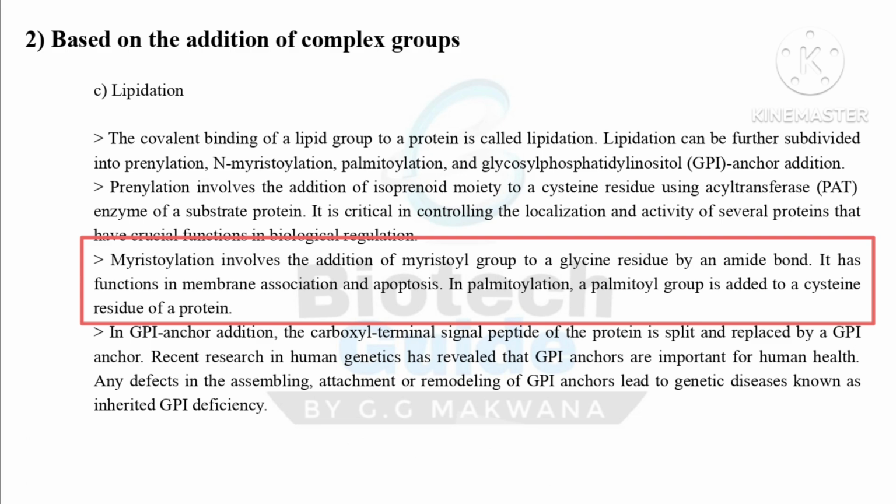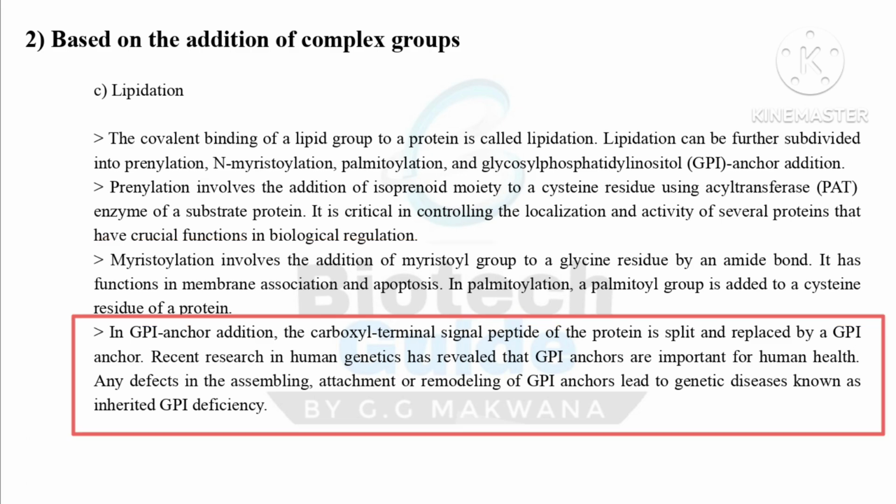Then third, palmitoylation, where a palmitoyl group is added to a cysteine residue of a protein. Then the last important one, GPI anchor addition, glycosyl phosphatidylinositol. Anchor addition: the carboxyl terminal signal peptide of the protein is split and replaced by a GPI anchor.